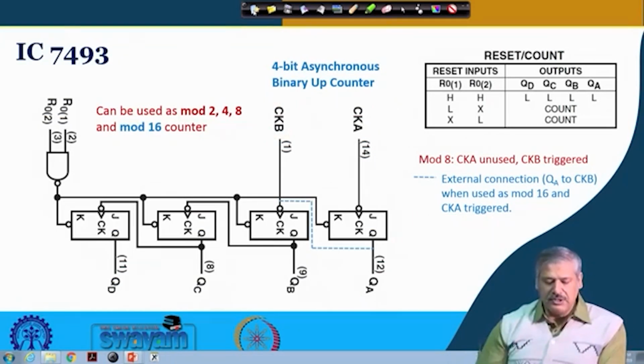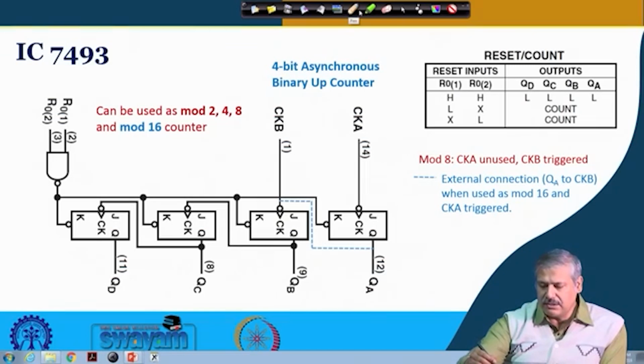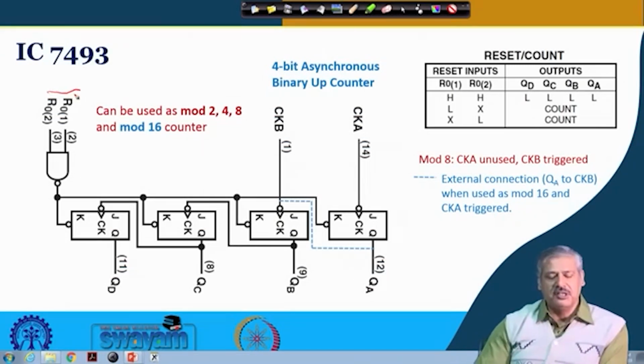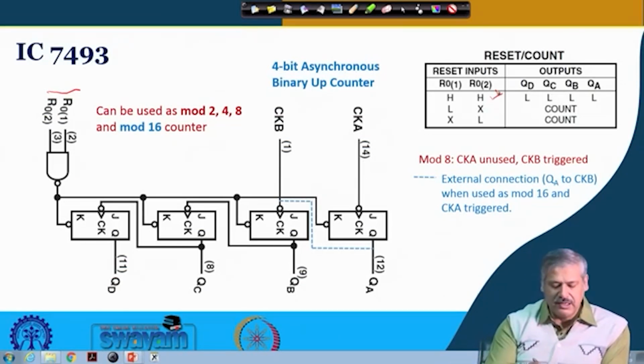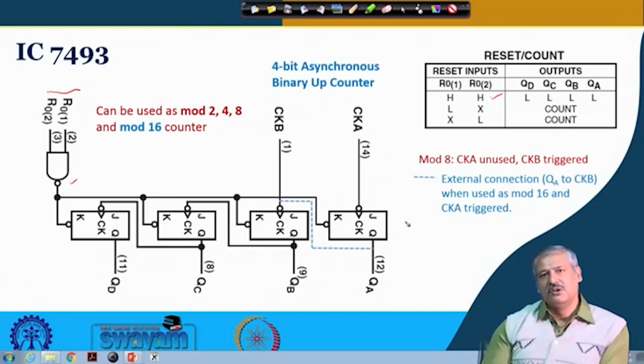Additionally, you can see there are 2 other inputs, R01 and R02. If both of them are high, then what will happen? This is an AND gate, so the output will become low and you can see that there will be an asynchronous clear, an asynchronous reset. It is required for initialization or for some other purposes that we shall discuss later.